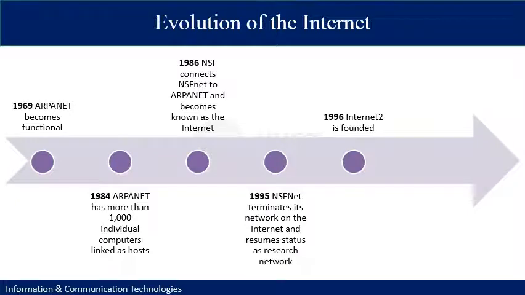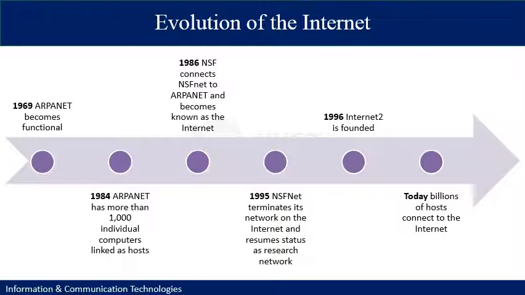This diagram omits unnecessary details of the development of the internet, and it highlights the major milestones achieved during the years. As we move 15 years from 1969, in 1984, the ARPANET has more than 1,000 individual computers linked as hosts. So as you can see, in 15 years, only 1,000 computers were able to connect with each other.